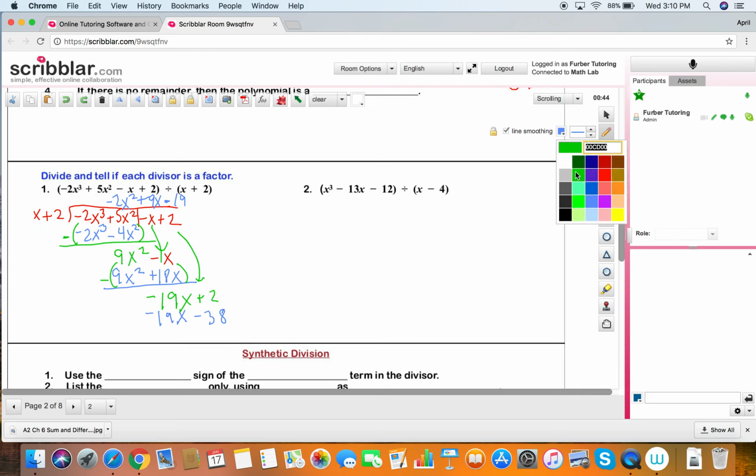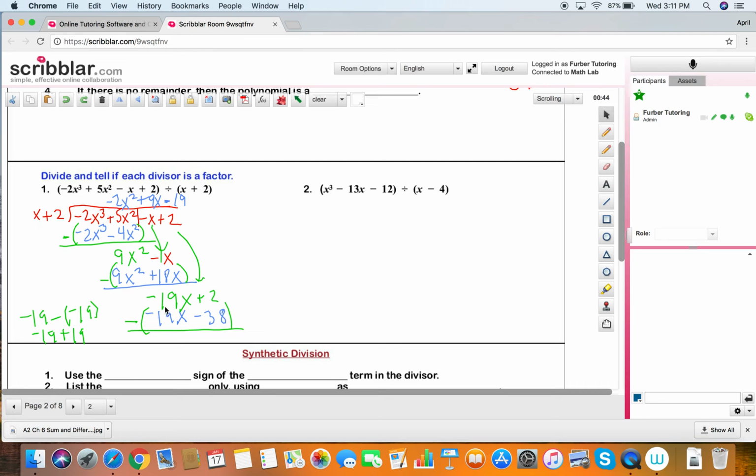Now again, be very careful. When we are subtracting negatives, these are both going to change signs. This is going to be negative 19 minus negative 19. Negative 19 minus negative 19 is really negative 19 plus 19. Okay, that's going to cancel. 2 minus negative 38 is really going to be 2 plus 38. 2 plus 38 is 40.